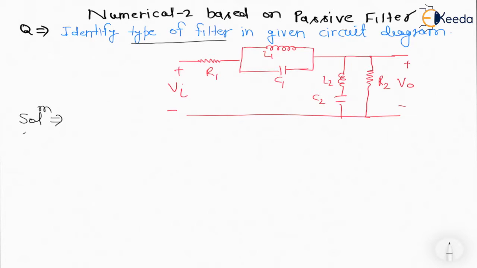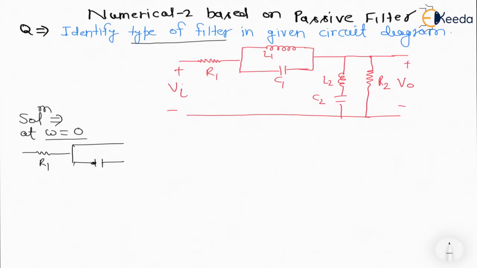So at omega equal to 0, we will draw the circuit, and we know that at omega equal to 0, the inductor will be represented as a short circuit and the capacitor will be represented as an open circuit. So we will apply the rule here. This is R1, this is the inductor, short circuit, this is the capacitor, open circuit.